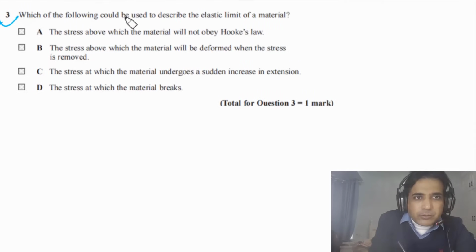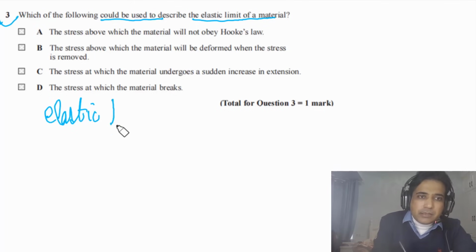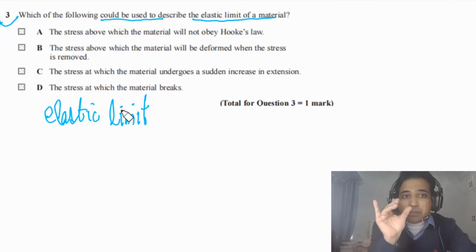Question 3 says which of the following could be used to describe the elastic limit of a material? First of all, let's understand what is meant by elastic limit. Elastic limit means the end of elastic deformation.